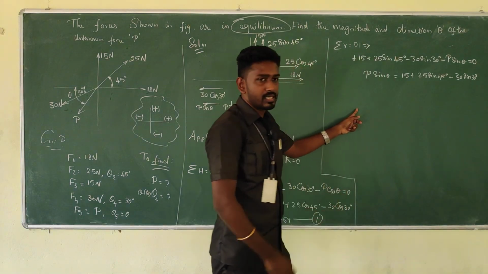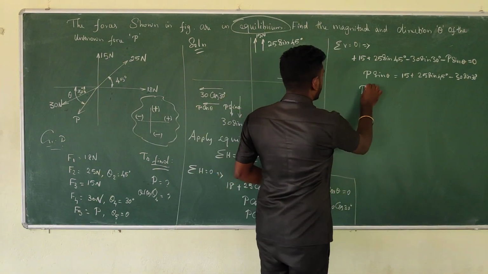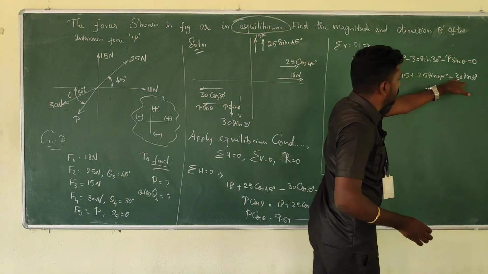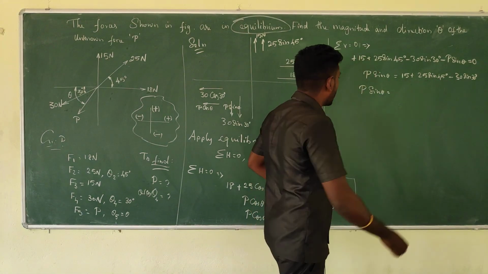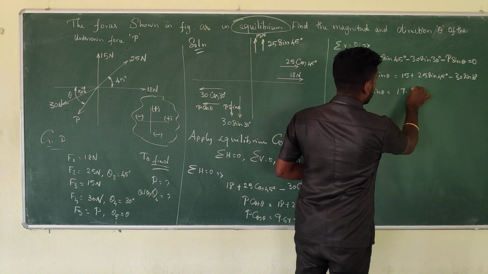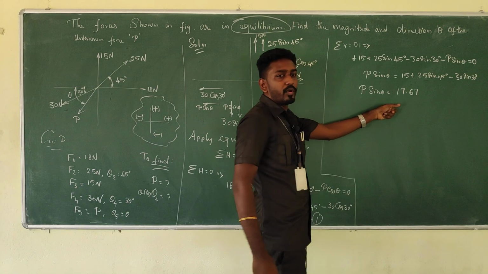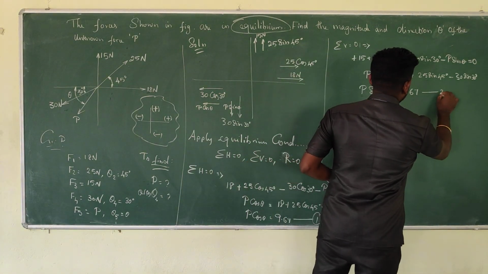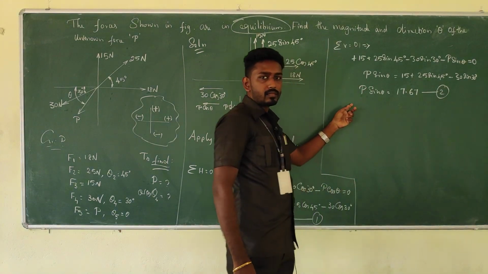If you feed these values in the calculator, you will get P sine theta as 17.67. There is no way to simplify it, so just take this as equation number 2.